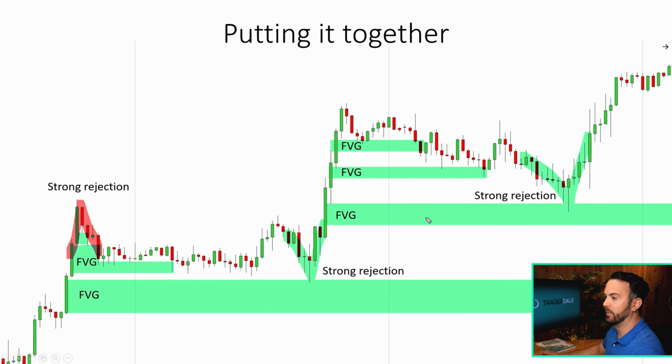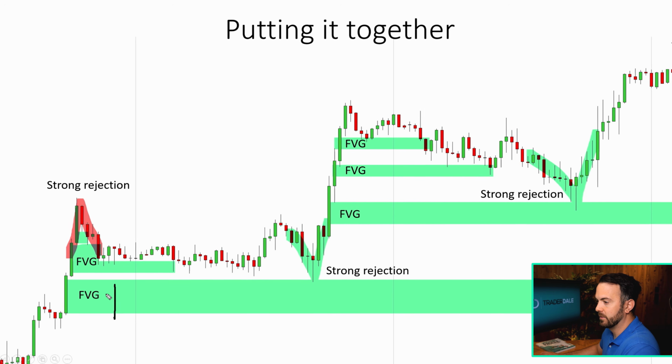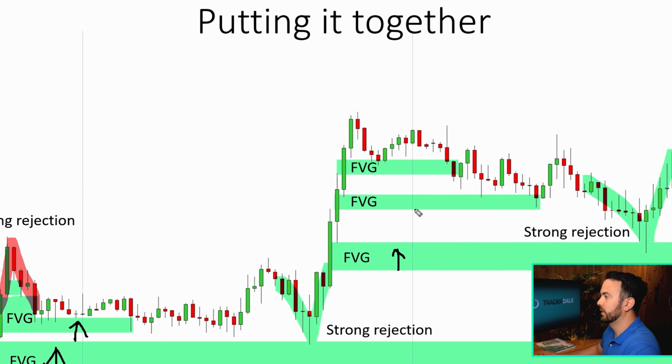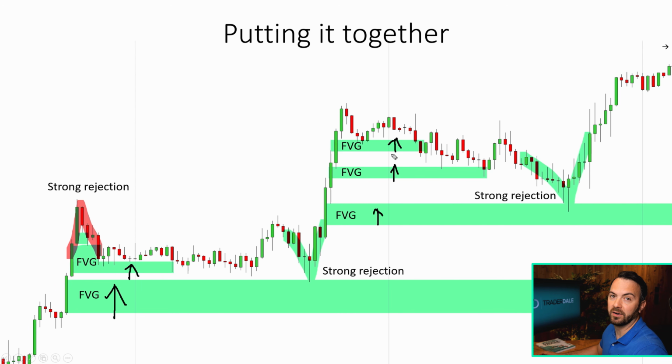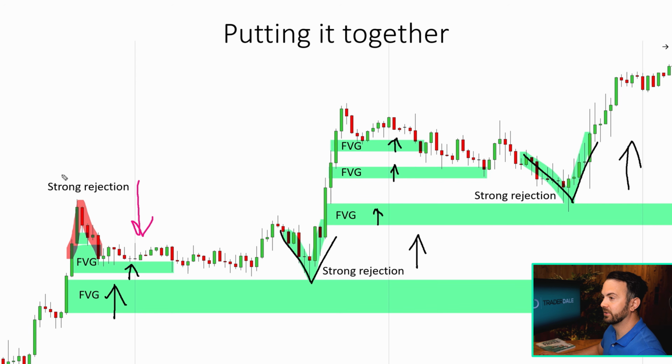Now one last example. What we have here are a couple of bullish fair value gaps. This one, this one, this one, this one, this one. All those are signs that buyers, aggressive buyers, are in control. We also have two strong rejections, again signs of strong buyers, and one sign of strong sellers in here.